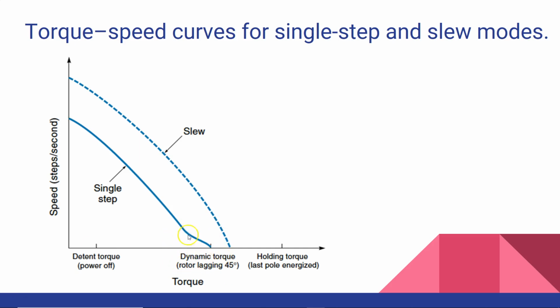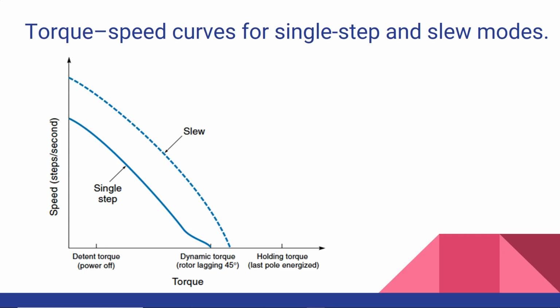This dynamic torque occurs at the maximum running torque, and it is obtained when the rotor is lagging behind the field poles by half a step. At this point, when the dynamic torque occurs, the rotor lags by 45 degrees. And then we have finally the holding torque. This holding torque is the highest stall torque.